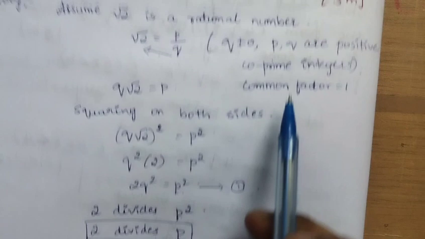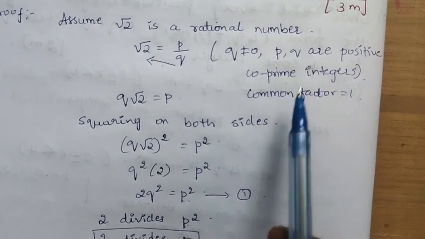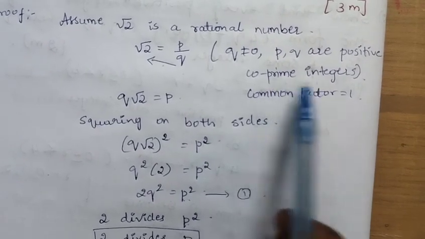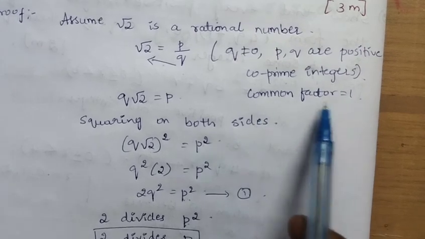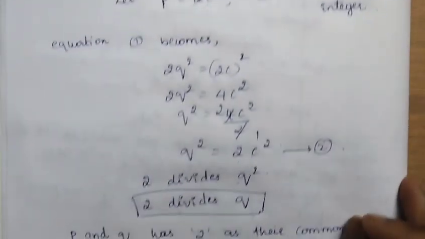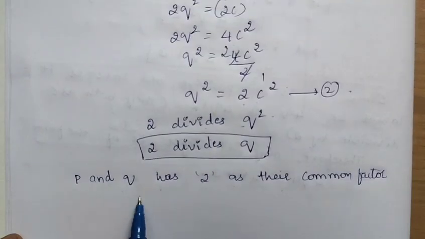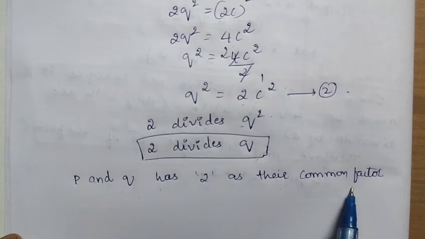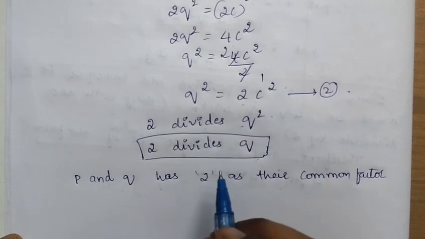But very interesting, students, what did we assume in the beginning? We have assumed that p and q are co-prime integers, that is, their common factor is 1. But what did we arrive at here? We have arrived that p and q have 2 as their common factor. So this is the contradiction to our assumption. We have assumed that root 2 is a rational number.